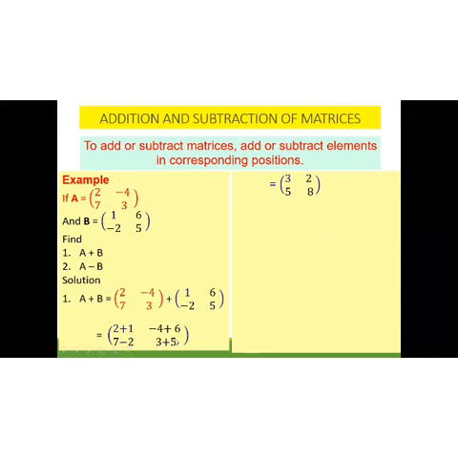Now let's go to A minus B. We can put the two matrices side by side again with a minus sign in between. As we have said already, you take corresponding elements and you subtract. So you have 2 minus 1, minus 4 minus 6, 7 minus minus 2, and 3 minus 5. Like I said, you need to be very careful with the signs.